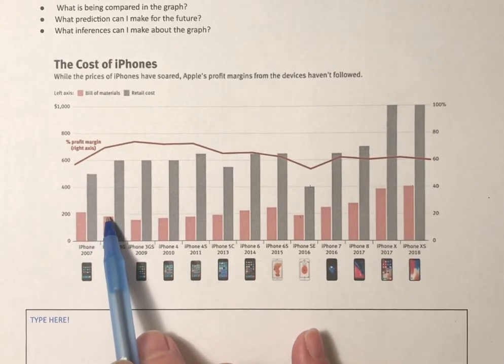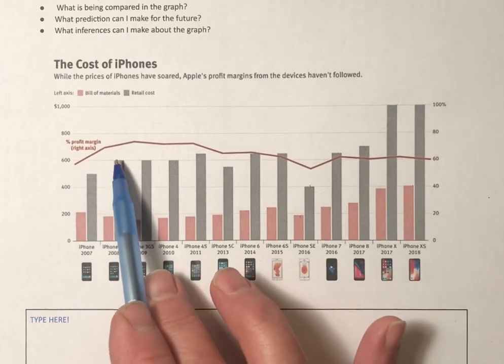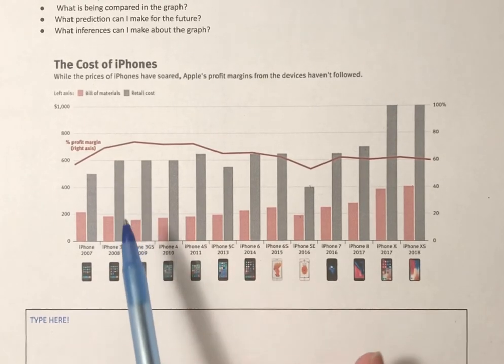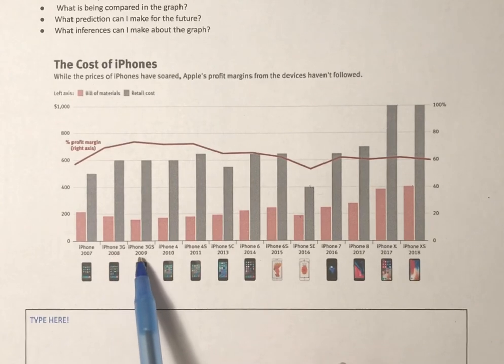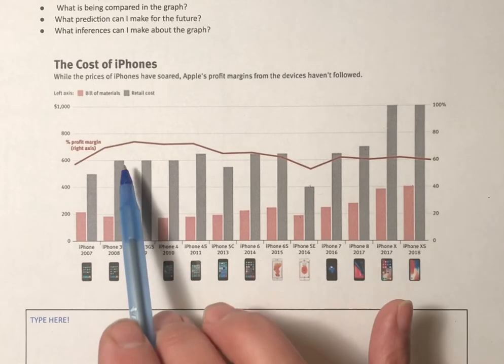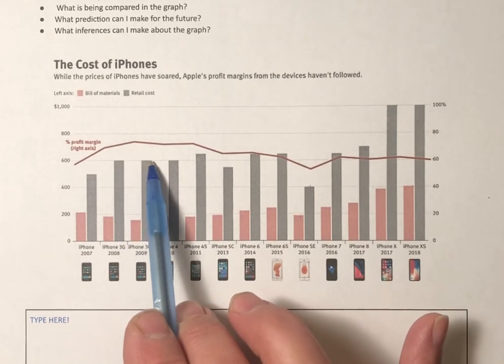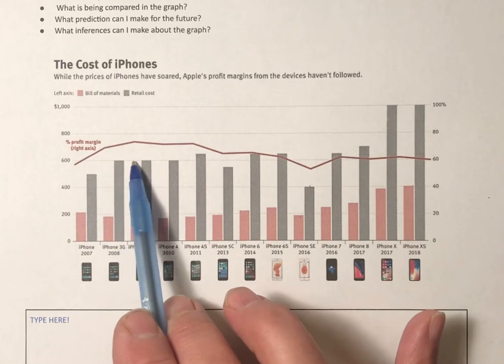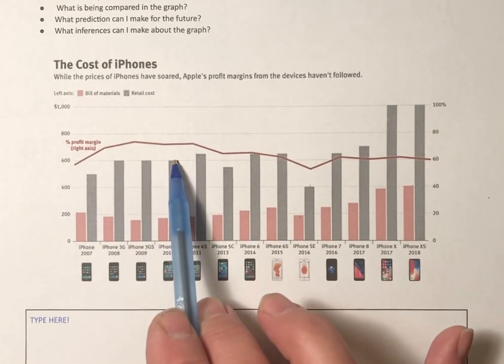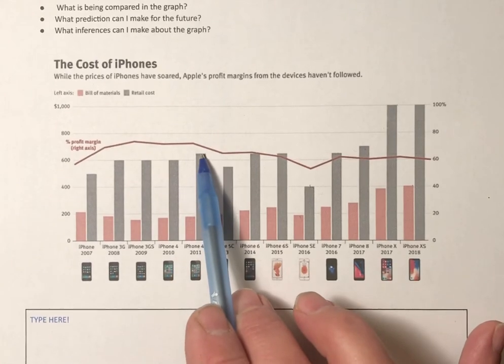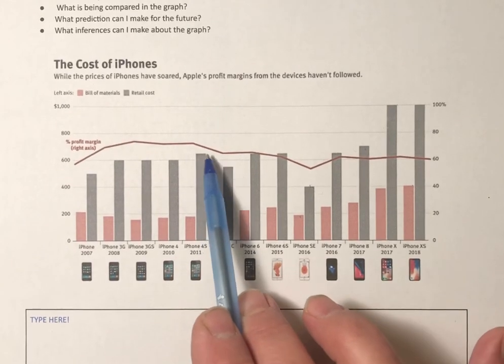Here you have below $200 and here you have $600. I think one observation is that from 2008, 2009, and 2010, the selling price really stayed pretty constant at $600. It looks very, very close to $600. Here there's a slight increase, a little bit of a decrease here.